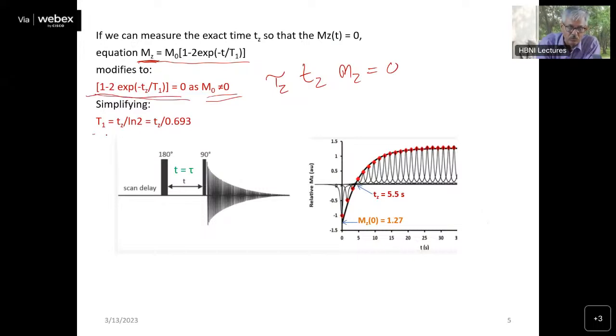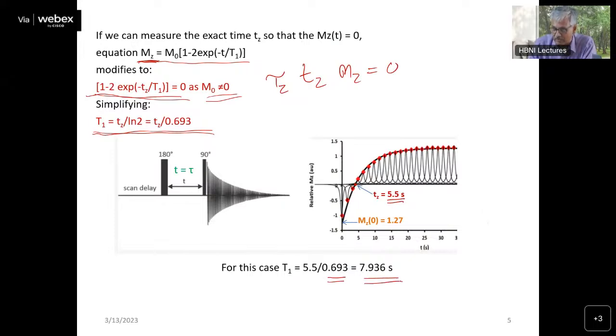And as I told you last class, if you simplify the equation, T1 is equal to Tz, the crossing point, divided by 0.693. For this particular example, T1 is nothing but 5.5 seconds divided by 0.693, so it is coming 7.936. That means your T1 relaxation time constant is 7.936.